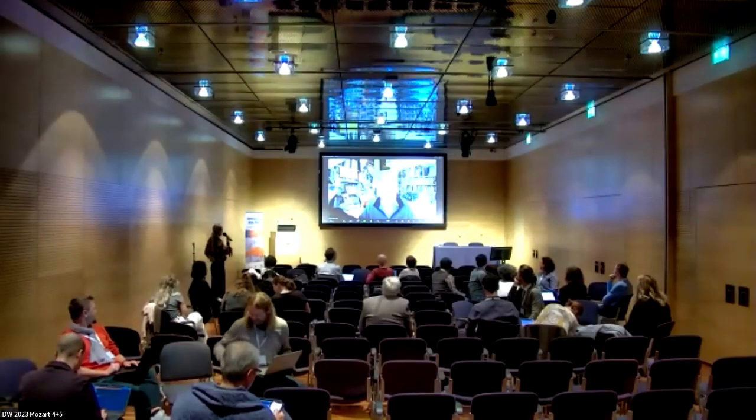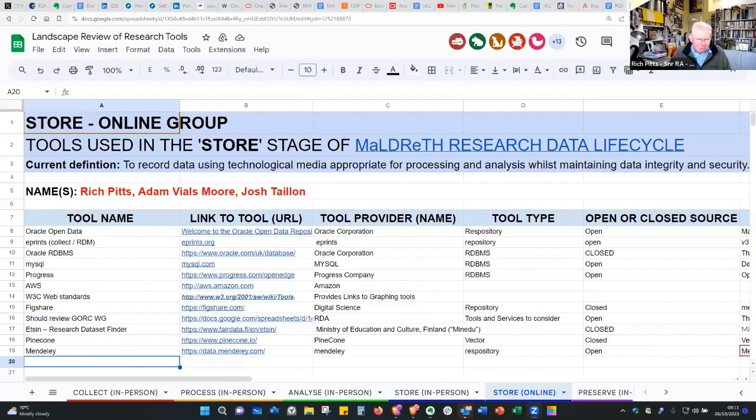Okay, I'll just quickly share my screen because I think this is a quick way of showing what we're doing. So Adam and I took the line about looking at generalized tools that can be applied to managing data, and then we highlighted a couple, and there's a load more to do here, of repositories.